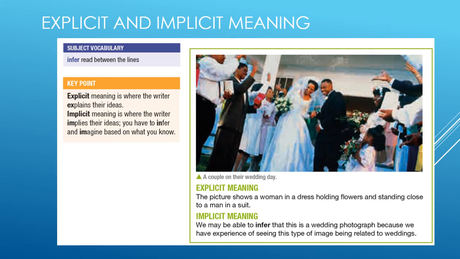So that is the implicit meaning that comes with what we have experienced earlier. Our knowledge, prior knowledge, everything helps us to get the implicit meaning. When you look simply at something, what you just see, the surface meaning, is called the explicit meaning.